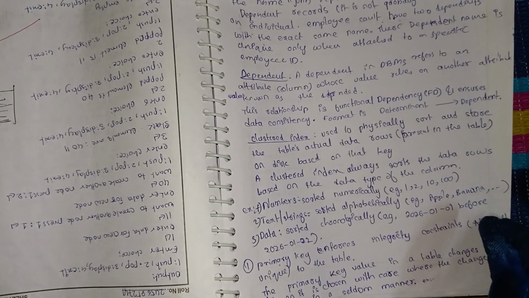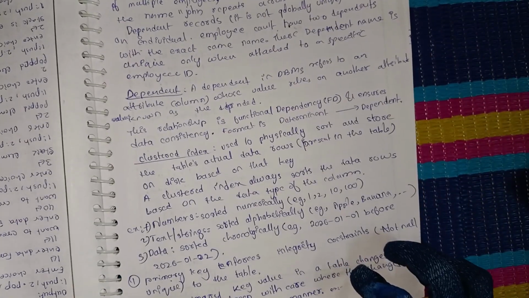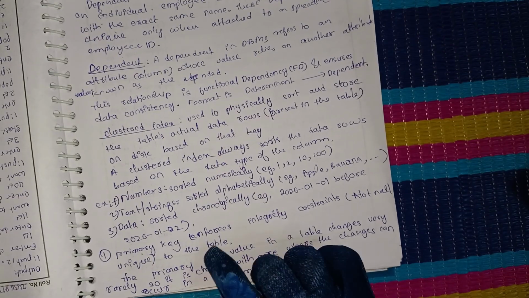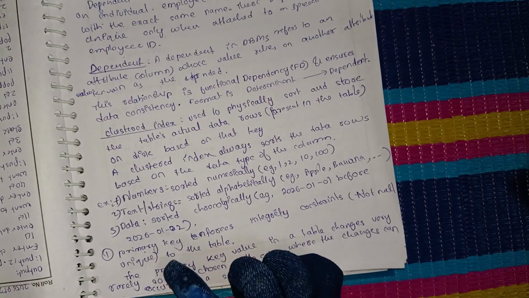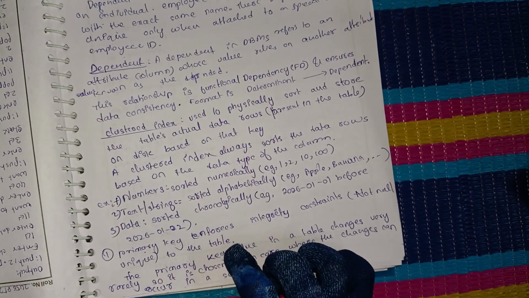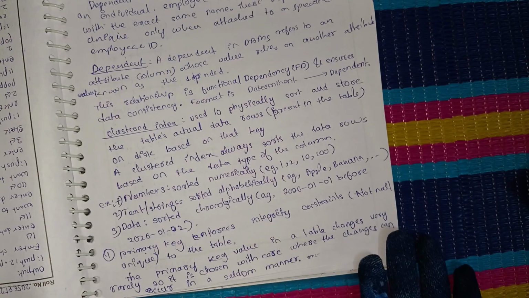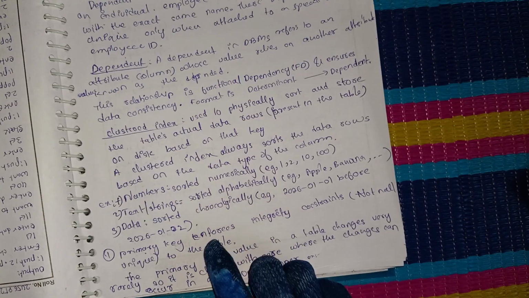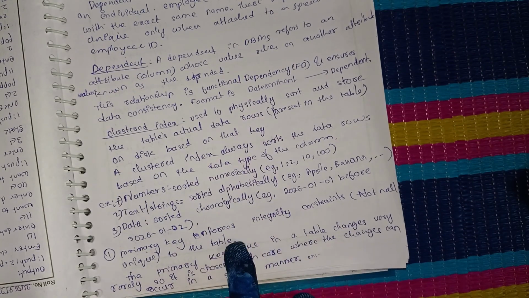So here, primary key enforces integrity constraints, not null and unique, to the table. Okay, as we have seen in the primary key definition, no null values will be there and unique values should be there, and so it enforces the integrity constraints like not null and unique.